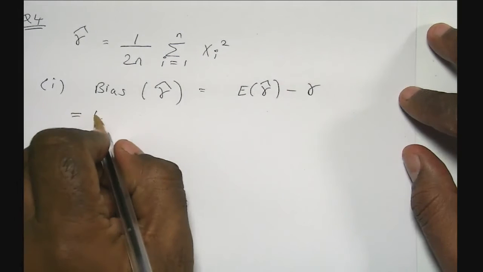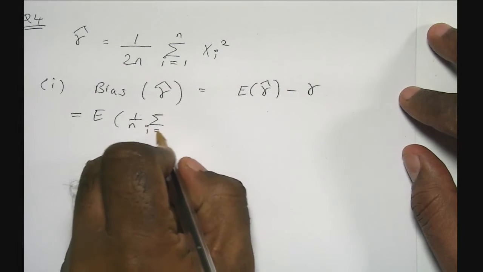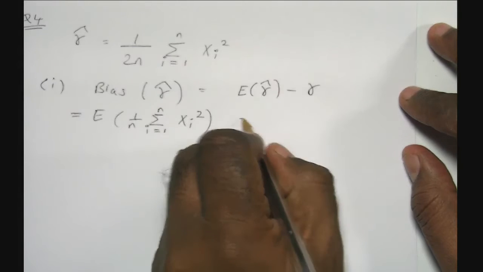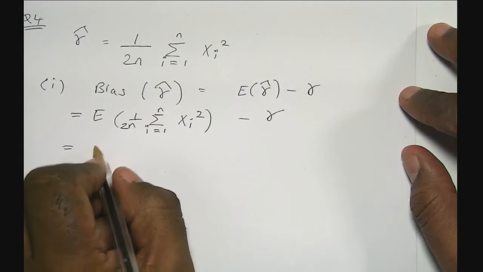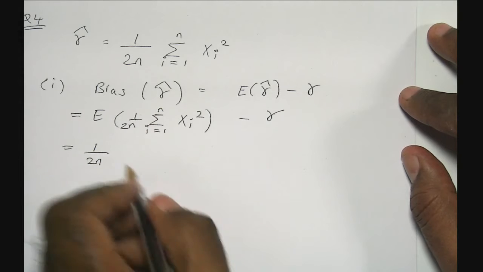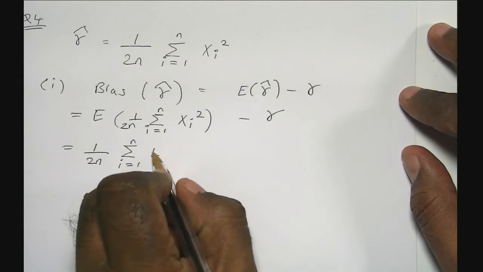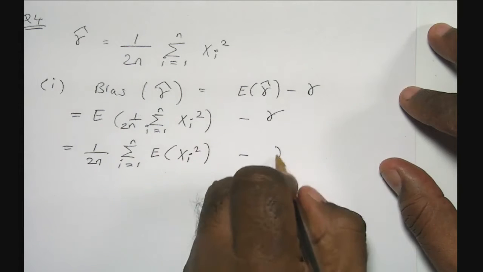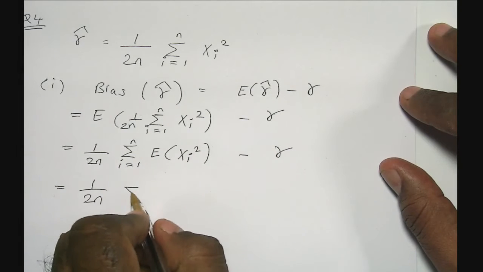So this guy is the expectation of gamma hat minus gamma. This is the expectation of 1/2n times the sum of xi squared minus gamma. So it's 1/2n times the sum of the expectation of xi squared minus gamma.